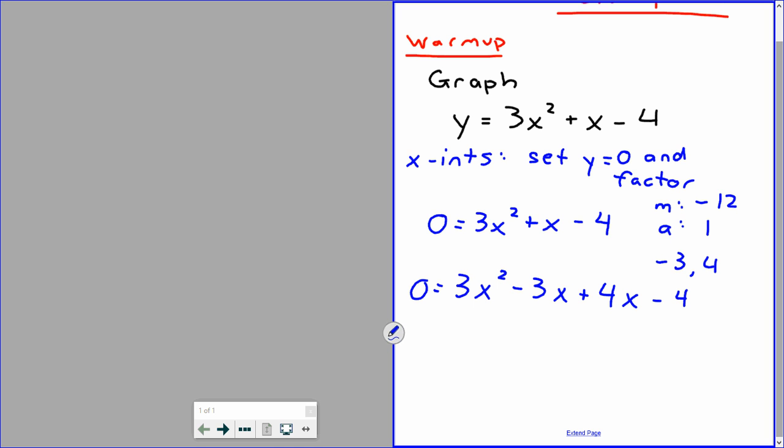All right, Megan, can you show off your factoring skills, please? It would be 3x, and then x. Good. Keep on. Great.